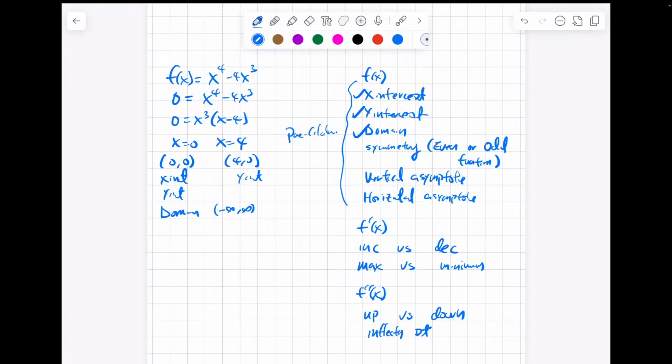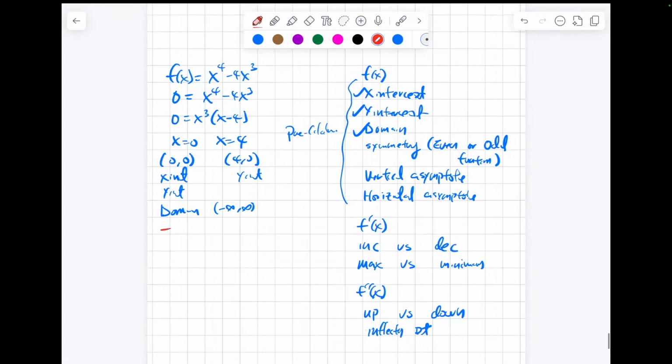No. You plug in negative x into the original function. If you get the same function as before, then that's called even. And if f of negative x is the opposite of the original function, then it's called odd.